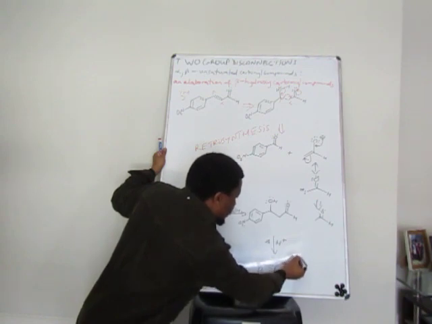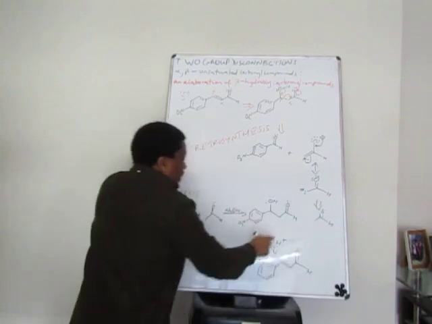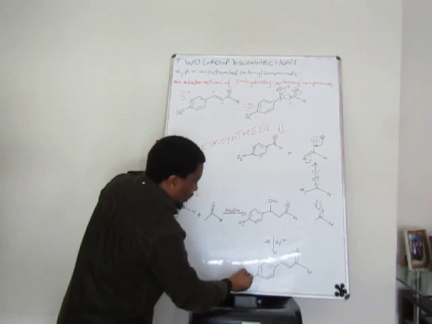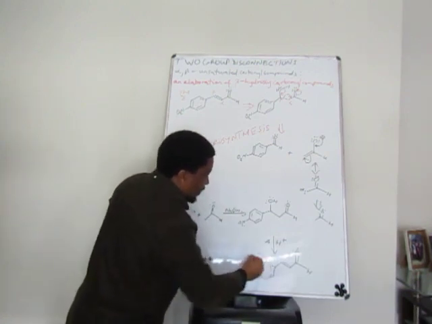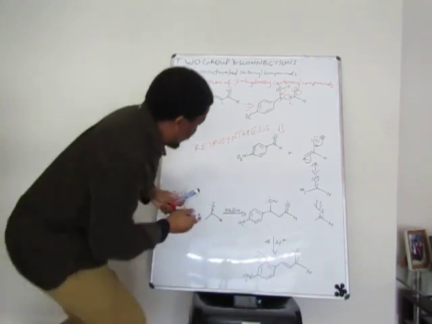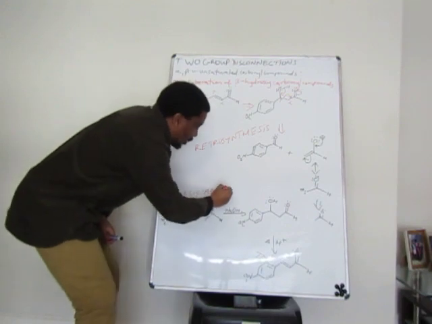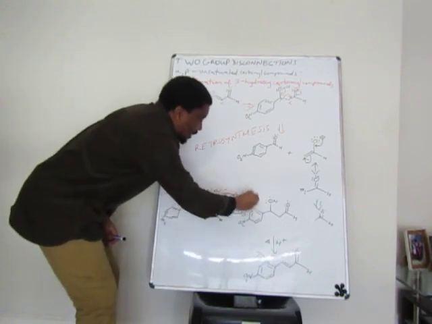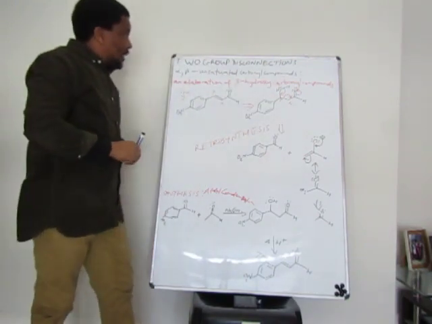You've already seen most of this mechanism, so I'm not going to go through it. There's my NO2, and there's my target molecule in this case. So this is my aldol condensation, and this was my reverse aldol condensation.